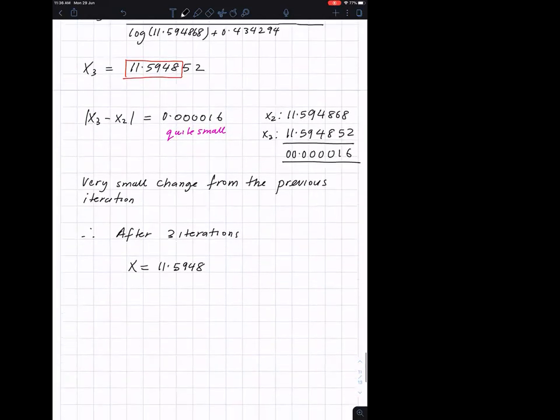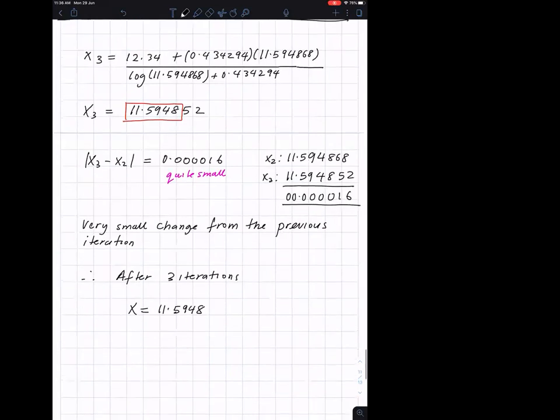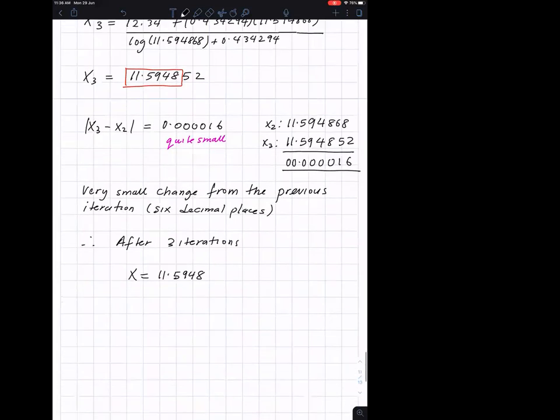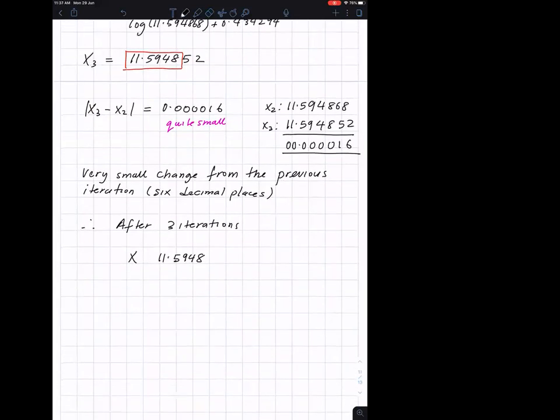One is that there's a very small change if you compare for 6 decimal places with the previous iterations. But if you look at just 4 decimal places, there's no change.